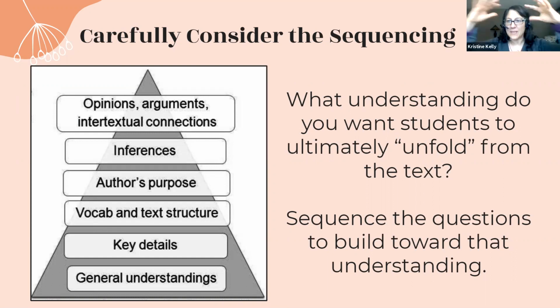What is the summative understanding that you want students to reach? Kind of like if you have an essential question, how will you choose and sequence questions to build toward that understanding, towards students being able to fully answer that question or do that task successfully?